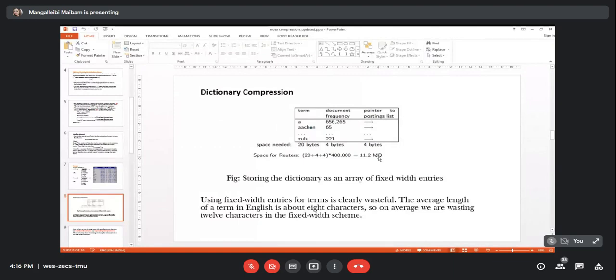Okay, so the size for storing this information is about 11.2 MB. So in this figure, storing the dictionary is an array of fixed width entries.